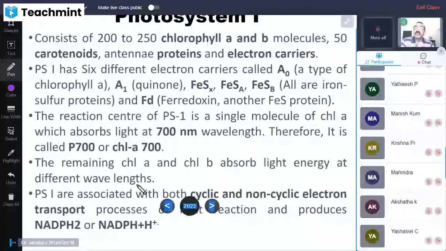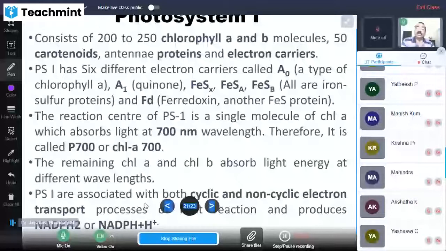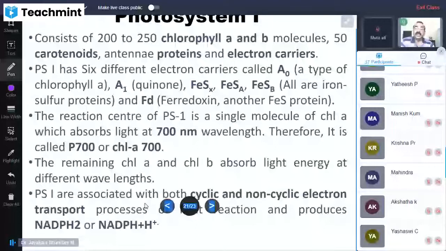Okay. Now, photosystem 1 is associated with both cyclic and non-cyclic electron transport processes of light reaction and produces NADPH. Now, when we study light reaction, we understand that there are different methods of electron transport.